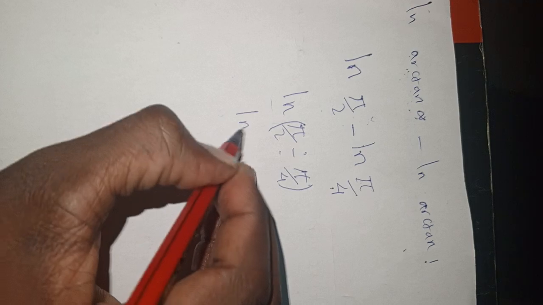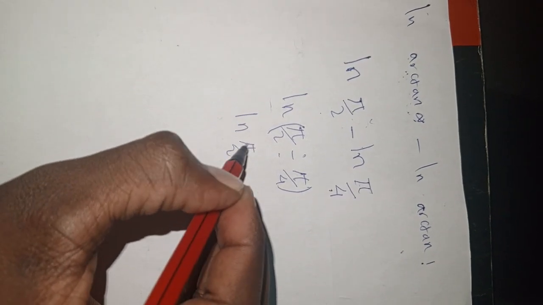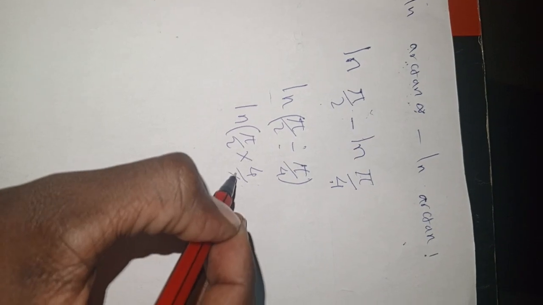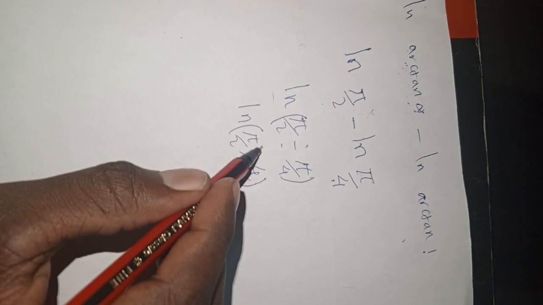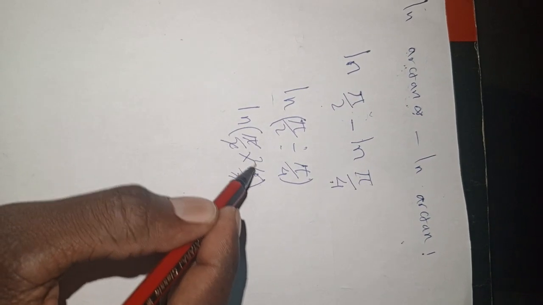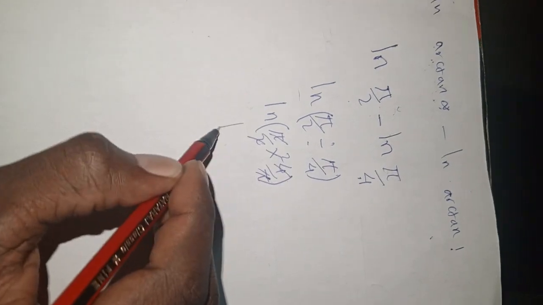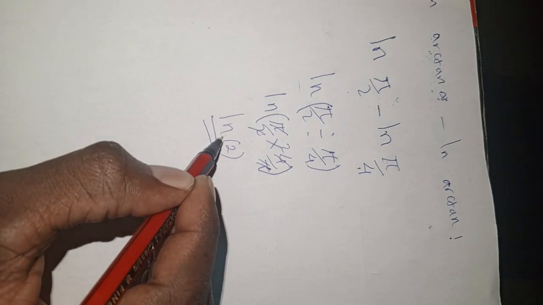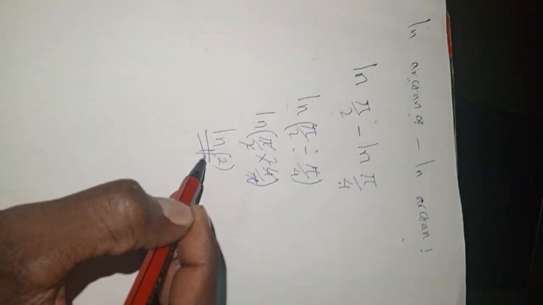Now this is the same as ln of pi over 2 multiplied by 4 over pi. So this pi and that pi will go, the 2s will cancel, and we are going to remain with 2. So this is the same as ln of 2. This is the answer I have found after using the integral test.